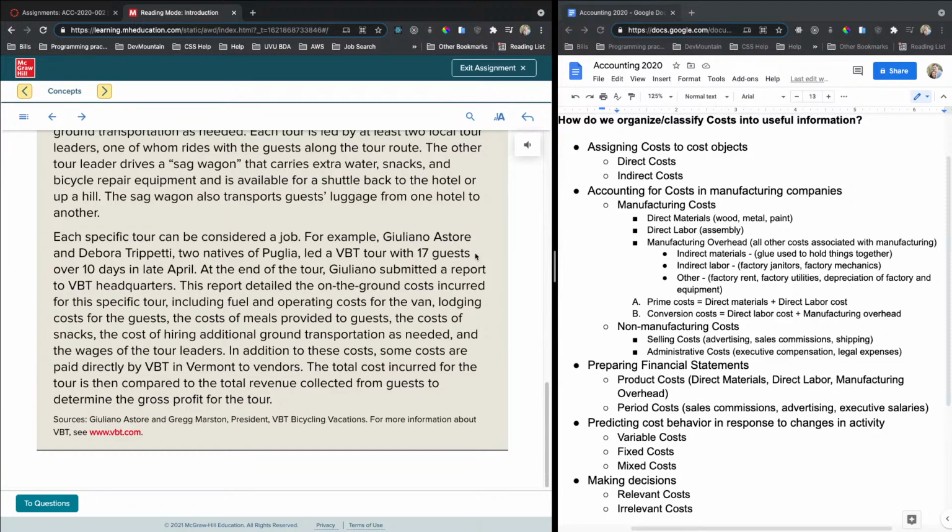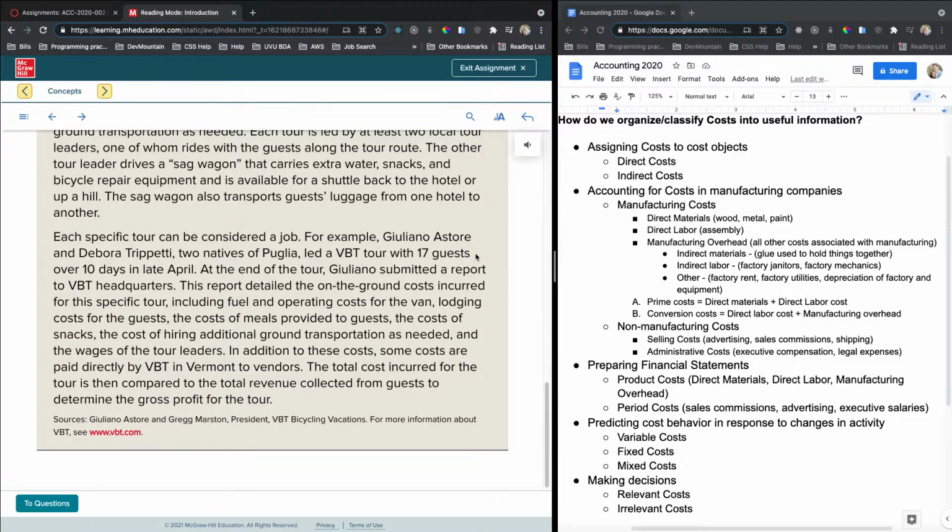This report detailed the on-ground costs incurred for this specific tour, including fuel and operating costs for the van, lodging costs for the guests, the costs of meals provided to guests, the cost of snacks, the cost of hiring additional ground transportation as needed, and the wages of the tour leaders. In addition to these costs, some costs are paid directly by VBT in Vermont to vendors. The total cost incurred for the tour is then compared to the total revenue collected from guests to determine the gross profit for the tour.